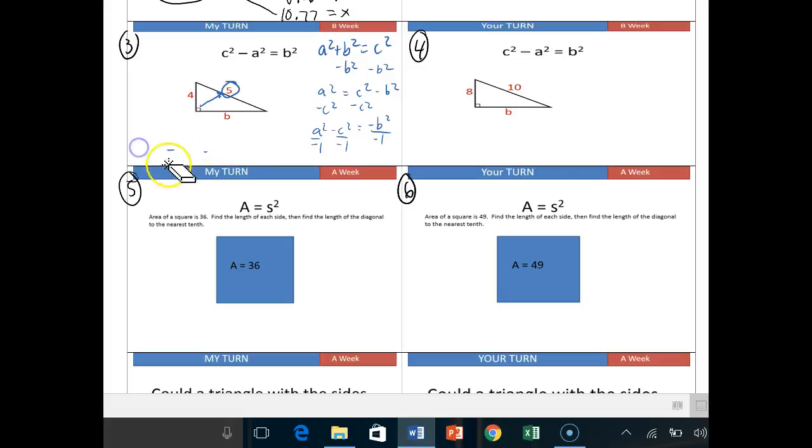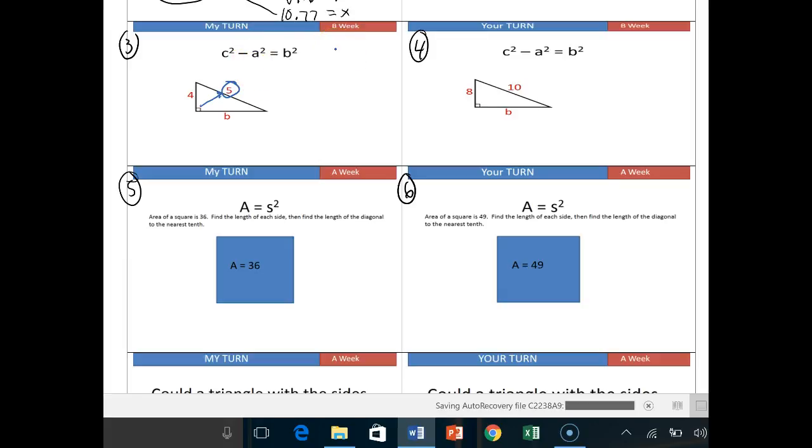All that does is tell us that when I have the measure of my hypotenuse, I can use a variation of a squared plus b squared equals c squared. I can use c squared minus a squared equals b squared, and I can solve for my leg. So again, if I have the measure of the hypotenuse, I want to use c squared minus a squared equals b squared. If I don't have it, I want to use a squared plus b squared equals c squared.